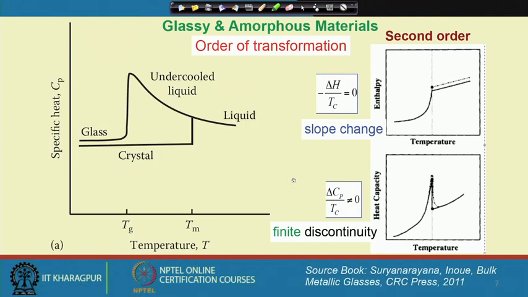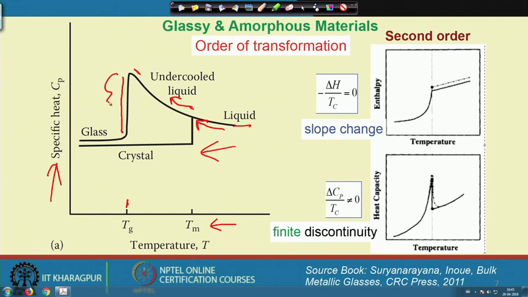So, I show you here a plot of the specific heat capacity, that is the Cp, with temperature. If we cool down a liquid, we can cool it more and more and get an undercooled liquid. In the undercooled liquid, after reaching a certain temperature, glass forms.